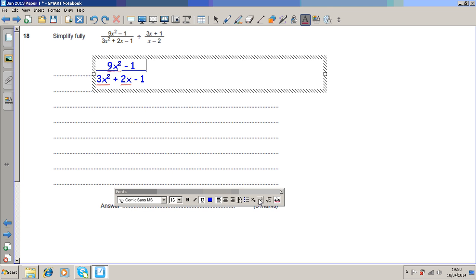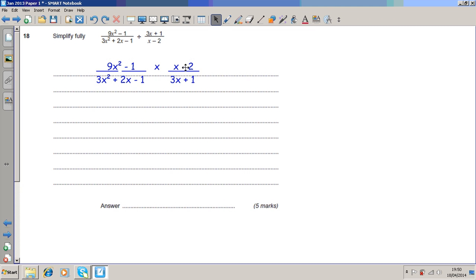So the first one stays the same. Change the divide to times, and then we flip it over. So them two are the same.